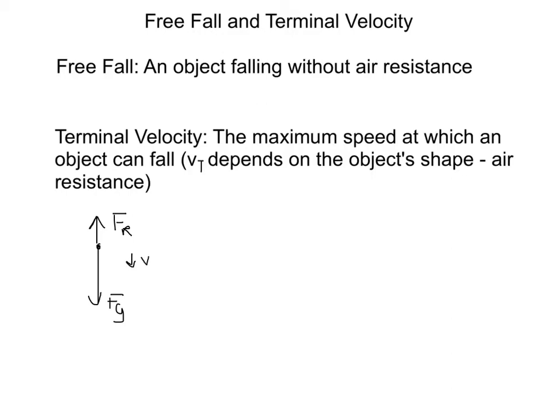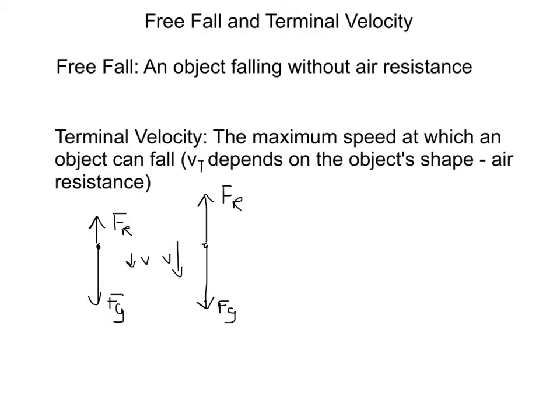The thing is, the faster it goes, the more air resistance takes play. So as our speed increases, our gravitational force remains about the same, but the resistance force increases.